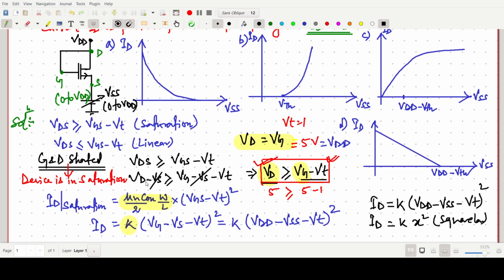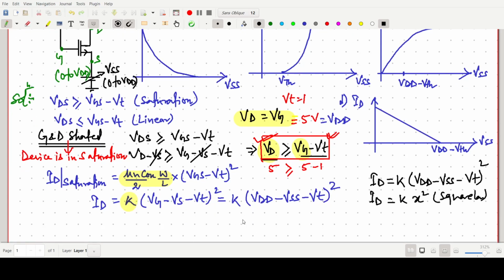ID equals 0 when VSS equals VDD minus VTH, this point. If we put VSS equal to VDD minus VTH, the value will be 0, so it is 0 here.